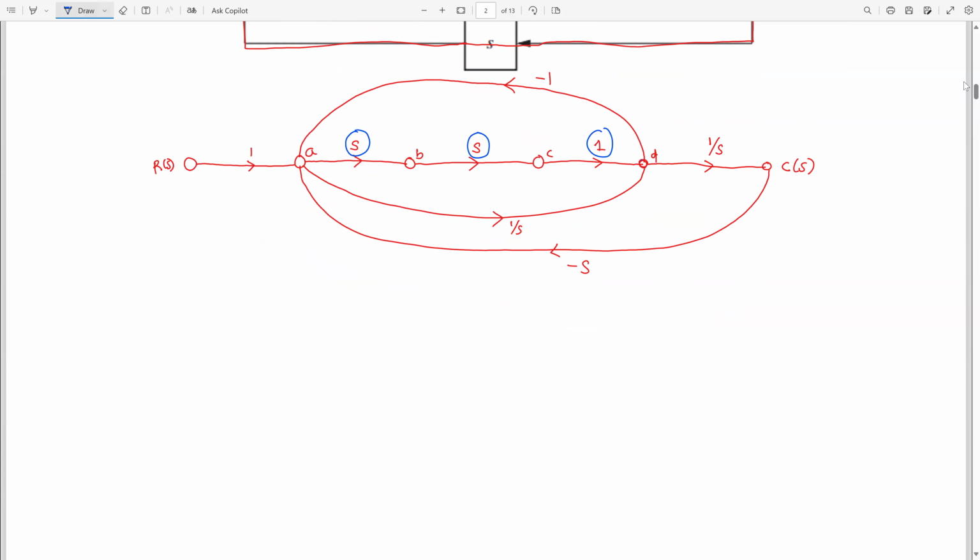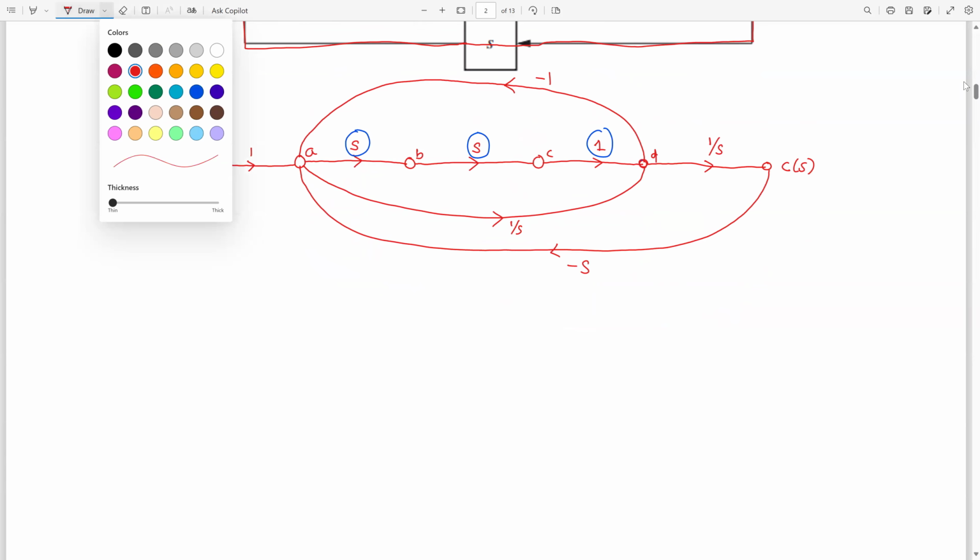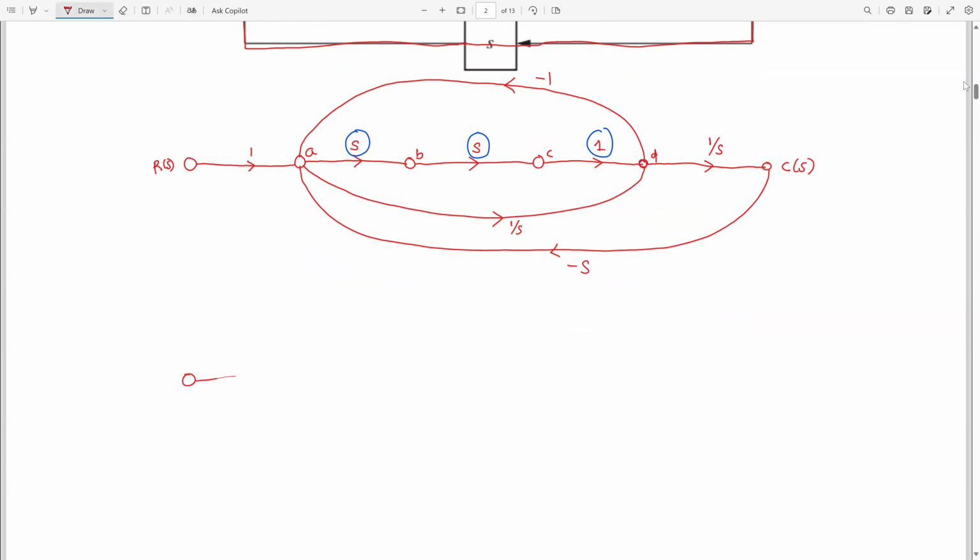So if I should do such a thing, I'm going to draw the final one, and it's going to be C of S, node B. So we've gotten rid of node B and C. So this is going to be node A, and then straight from B comes to -1. And then the transfer function here is going to be S squared, because S times S is S squared.